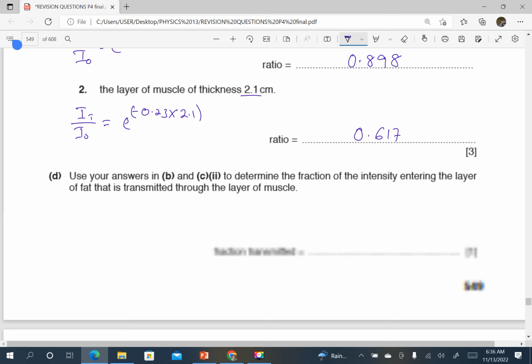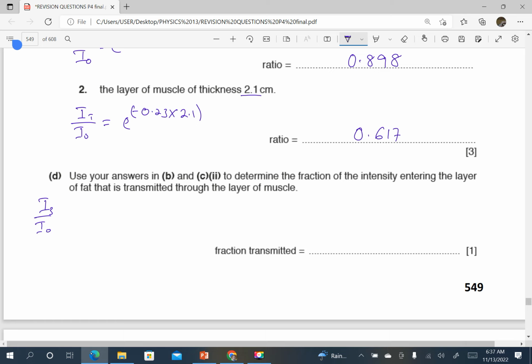Use your answers in B and C to determine the fraction of the intensity entering the layer of the fat that is transmitted through the layer of muscle. So in other words, we want I3 divided by I naught. That's what we want to find.